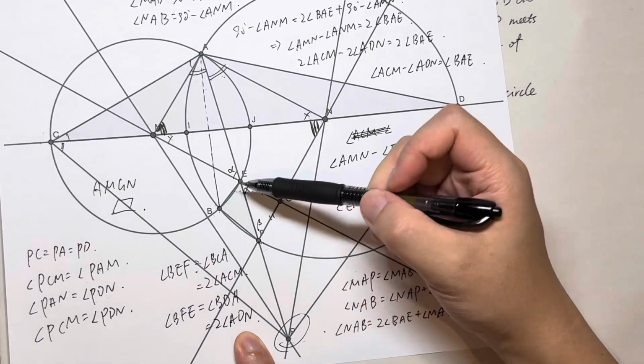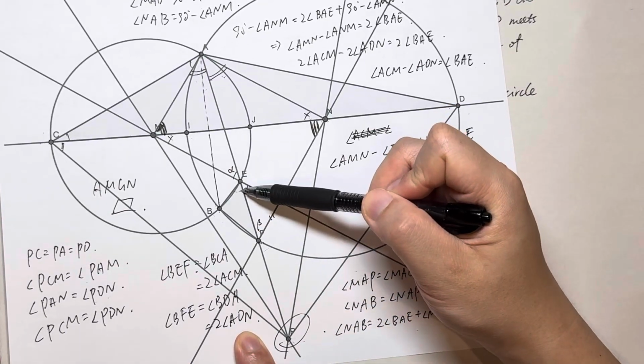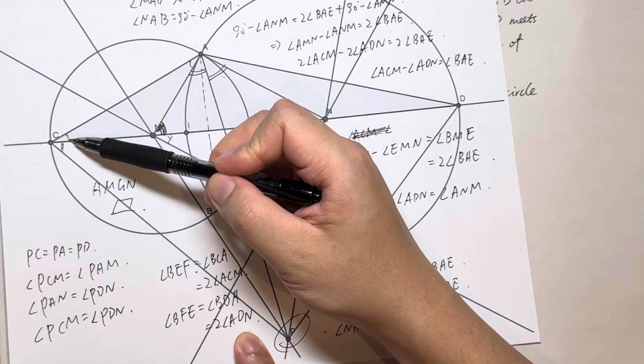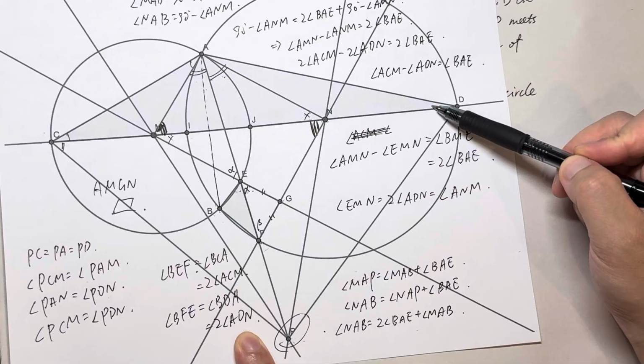That means this angle plus this angle is twice of angle ACM plus twice of angle ADN.